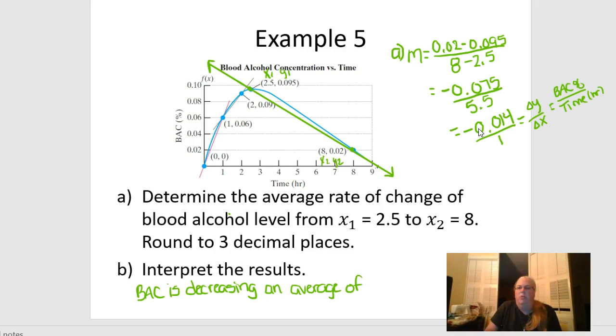Well, that's what this number is for, 0.014. 0.014%, because that's the units on there. And we don't have to put the negative because we said the word decreasing, which means that that number is negative. And then per hour. So in math, the word per means division. And we have division right here. And then we've got 1. And remember, 1 was in hours. So that's where we got the per hour from.